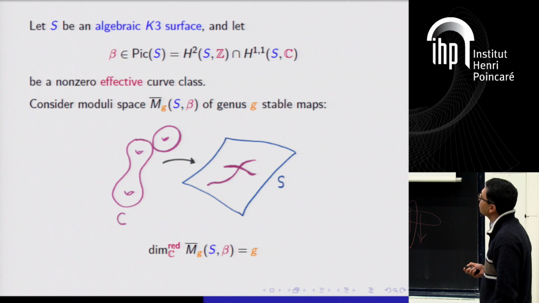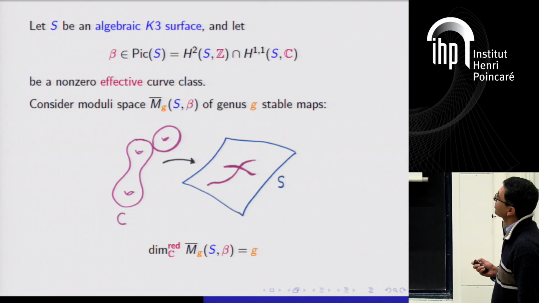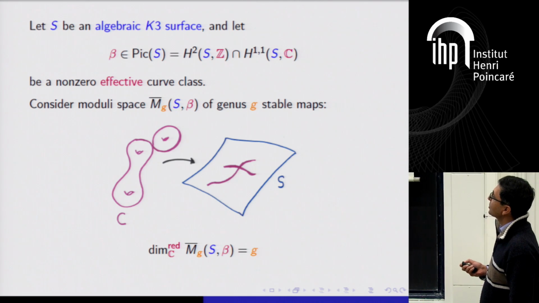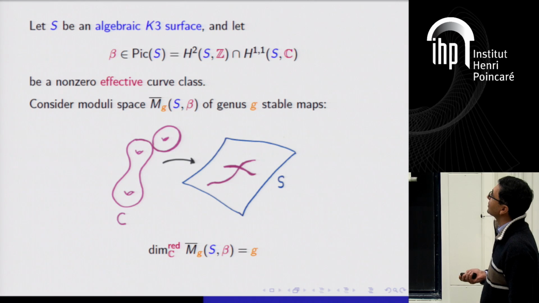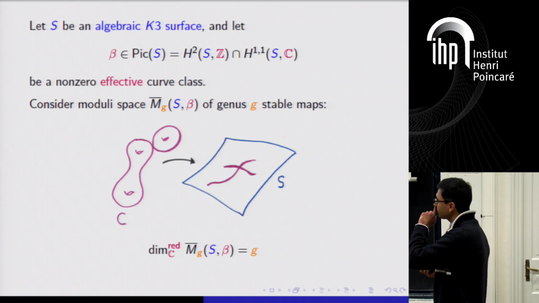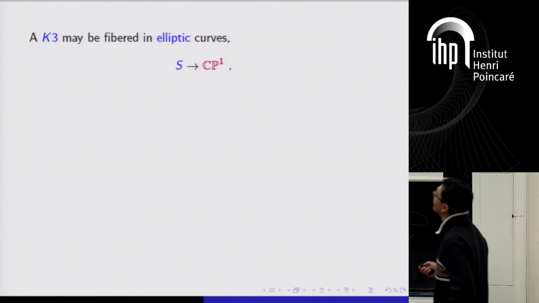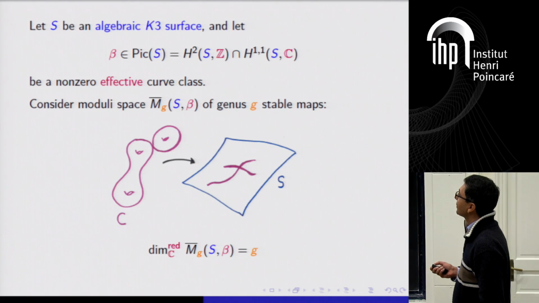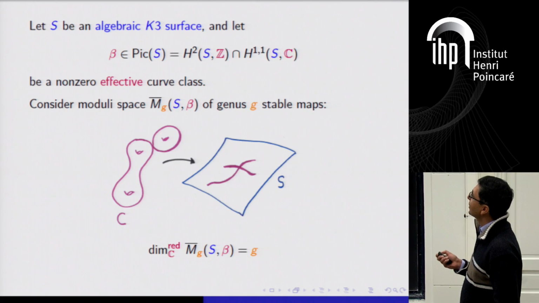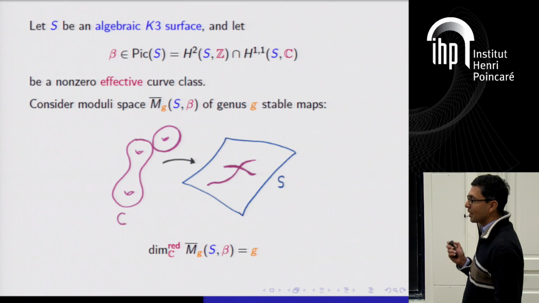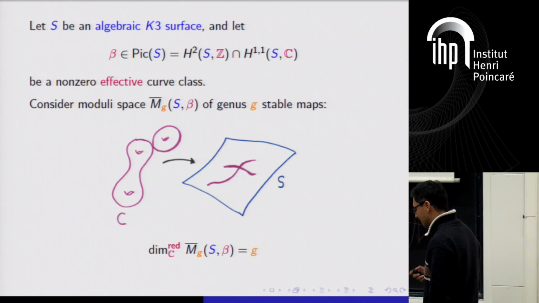If you view this appropriately, it has dimension g. So when g is 0, it has dimension 0. It's a finite number, and you can count it. This is some kind of theory about how to count it, and it suggests that when g is 0 there are finitely many. So we're going to try to count now.